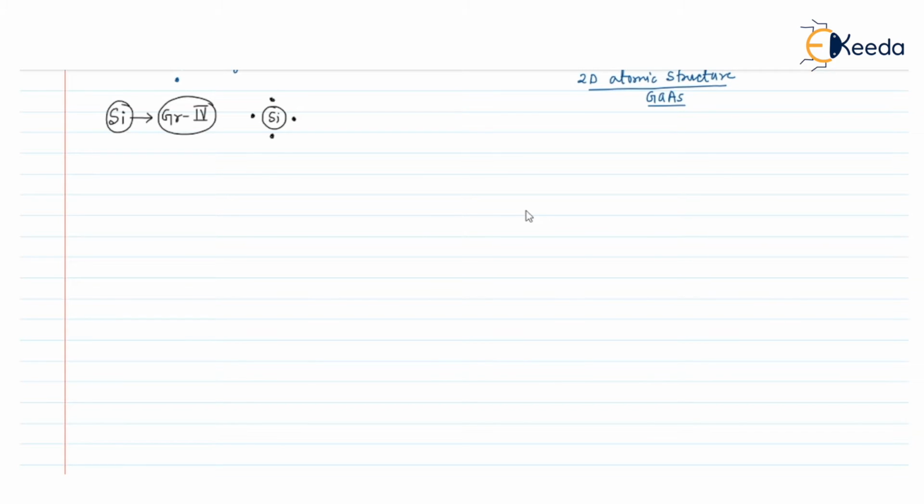Now suppose we have a gallium arsenide semiconductor. We know the 2D atomic structure of gallium arsenide.